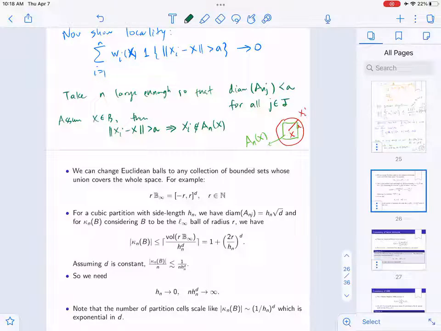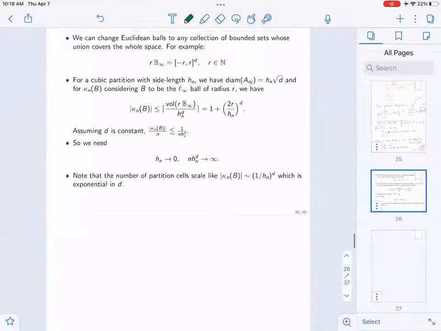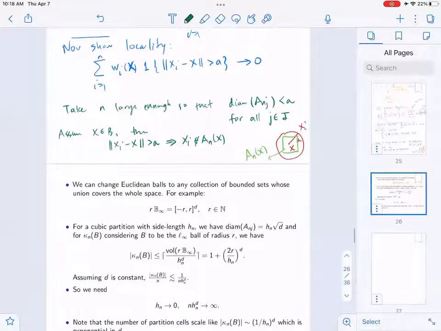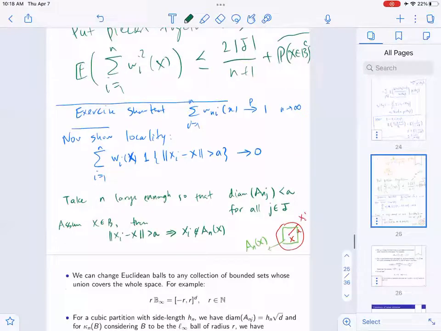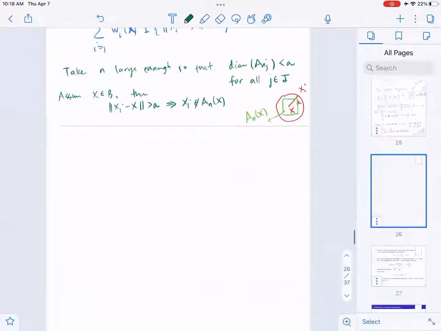So what is the weight that I assign to xi then? It's 0. So what this is saying is that the partitioning is extremely local.